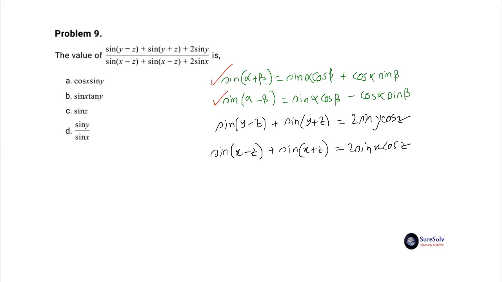The target expression reduces simply to E equal to sin y times 1 plus cos z divided by sin x times 1 plus cos z, equal to sin y by sin x.